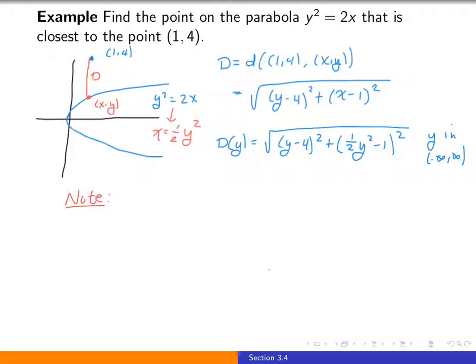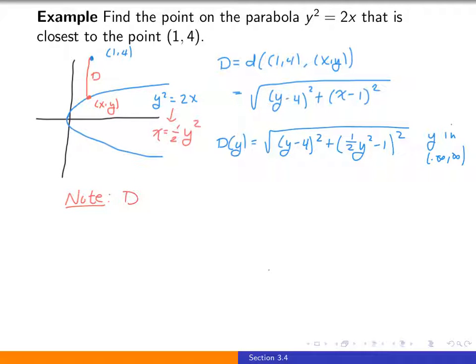So in this case, the function D is the square root of something. And the square root function, if you think about it graphically, is a nice increasing function. So wherever the function D is going to assume its minimum value, it's going to be when whatever is under the square root is as small as possible.